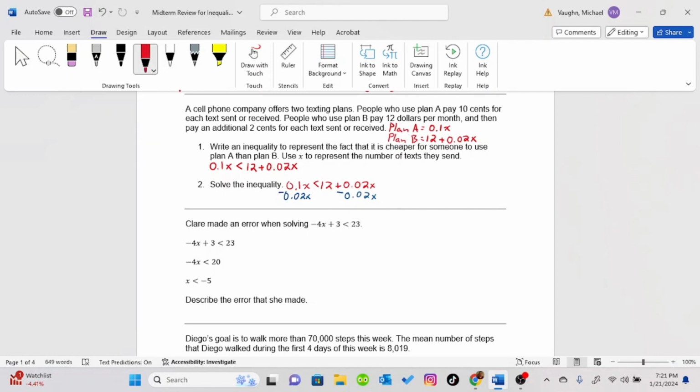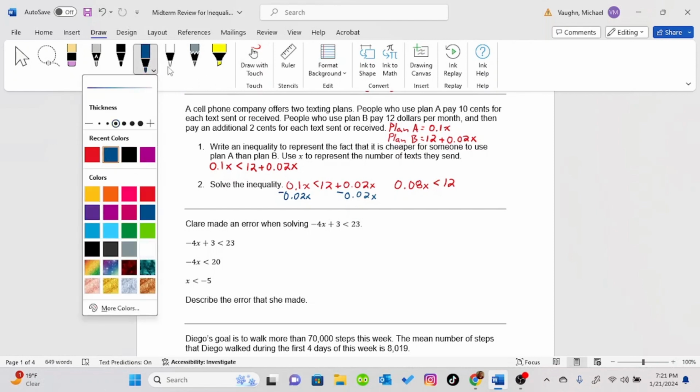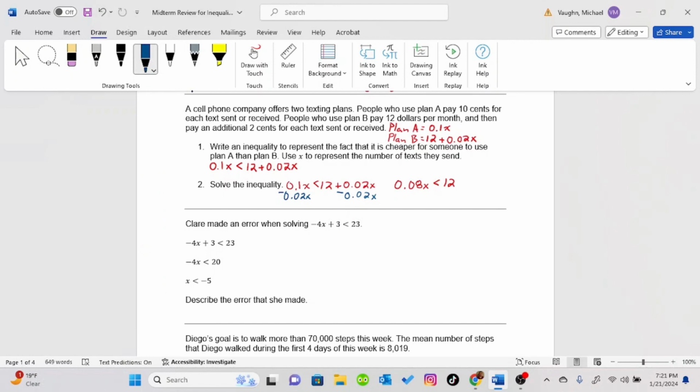And this would give us 0.08x is less than 12. 0.08x is multiplication. So to get x by itself, we're going to divide by 0.08, and we're going to do that to both sides to keep it equivalent.